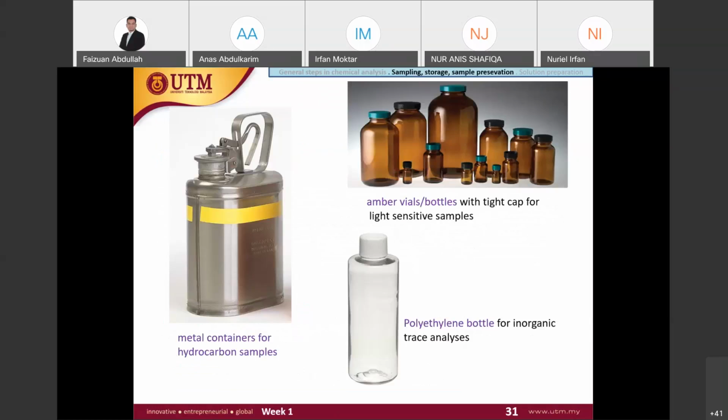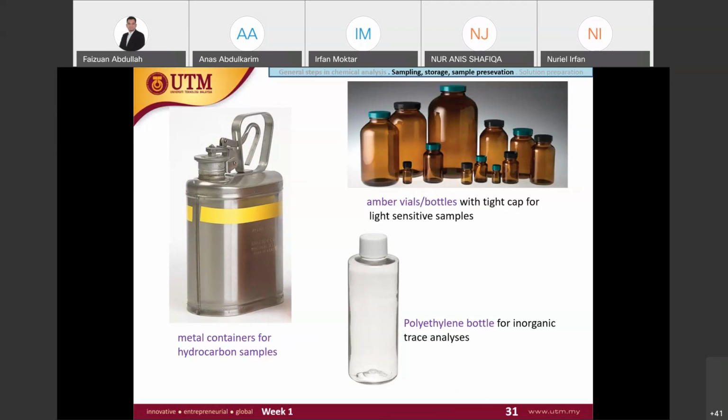This is a few examples of the sample vial or sample bottle. Okay, every type of sample vials or bottles is purposely for the right analyte. For example, the metal containers, okay, you can see the metal containers, right, is exactly for the hydrocarbon samples. What is the example of hydrocarbon sample?